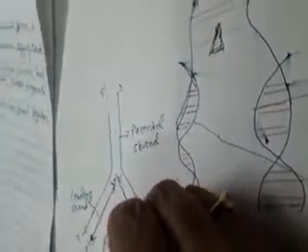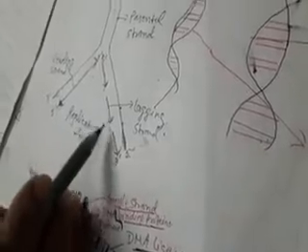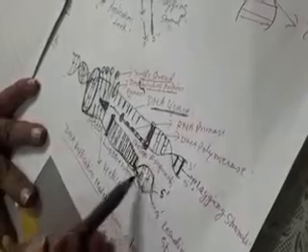You see, the small polynucleotide fragments are called Okazaki fragments. These Okazaki fragments are then joined together by an enzyme called DNA ligase. So these are the mechanisms of replication of DNA.